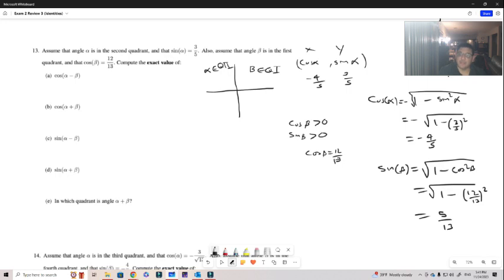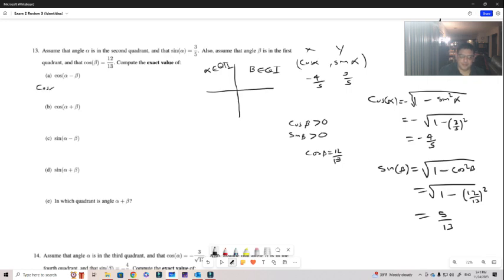Third quadrant, they're both negative. Fourth quadrant, x is positive, y is negative. And that's going to reflect in cosine and sine. Now, once we have this, all these ones are going to be very easy to find, because we just have to play with the identities.